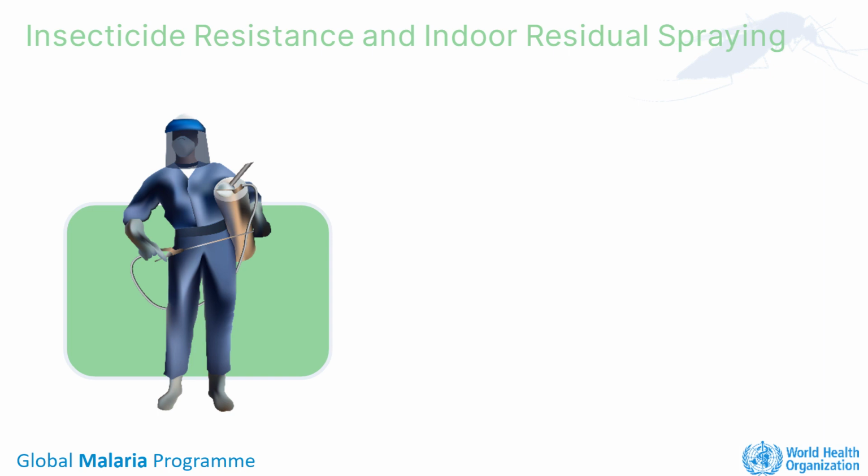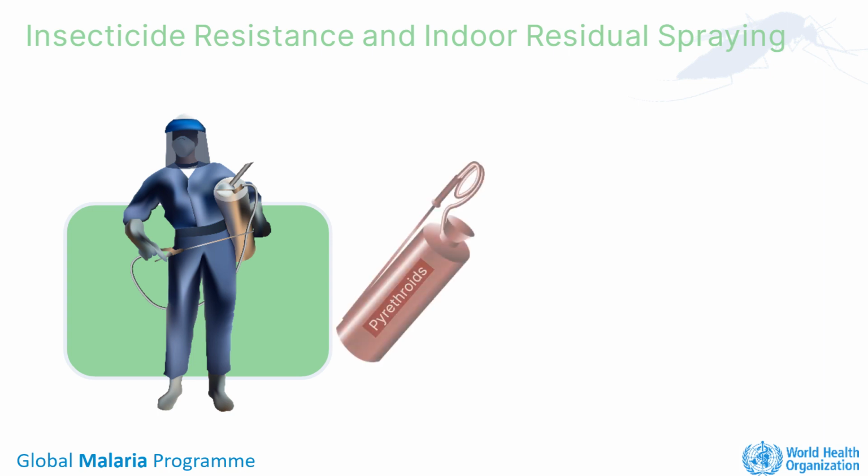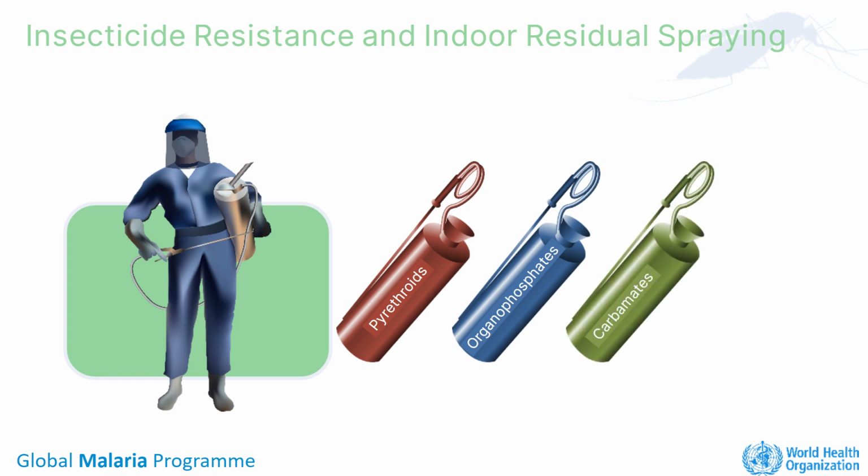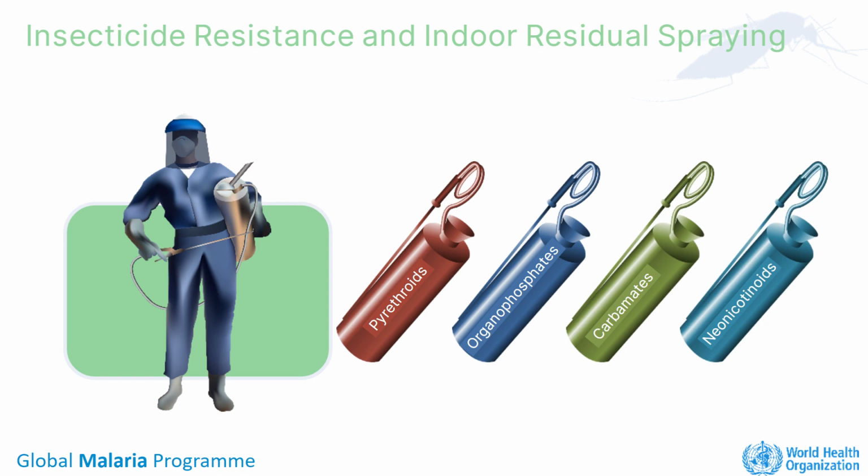However, while currently there is only one class of insecticide that can be used for ITNs, namely pyrethroids, IRS has the advantage of having additional classes of insecticide with WHO pre-qualified products available: pyrethroids, deltamethrin, lambda-cyhalothrin, alpha-cypermethrin, etc., organophosphates, malathion, pirimiphos-methyl, carbamates, bendiocarb, propoxur, and neonicotinoids, clothianidin.